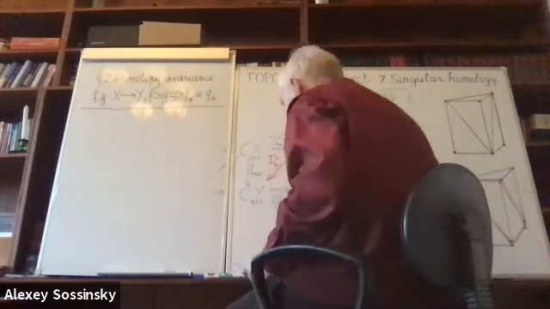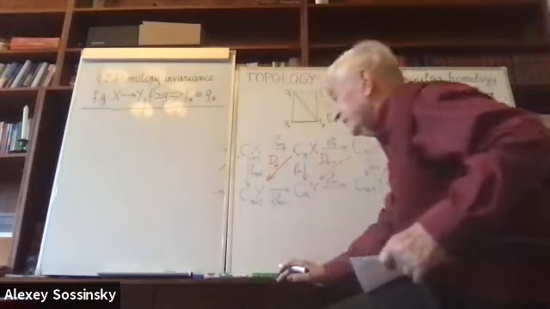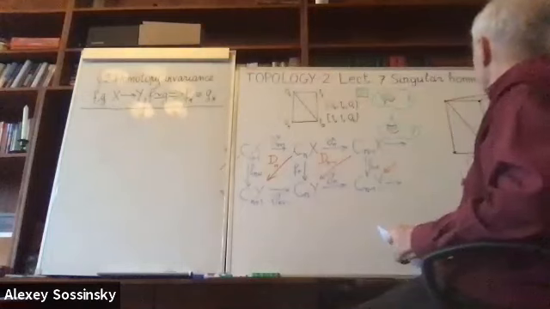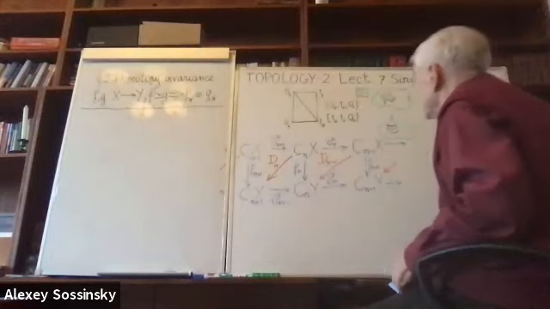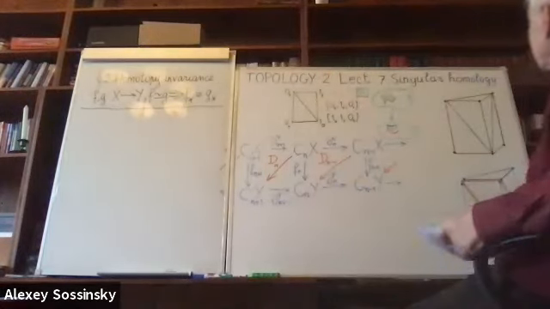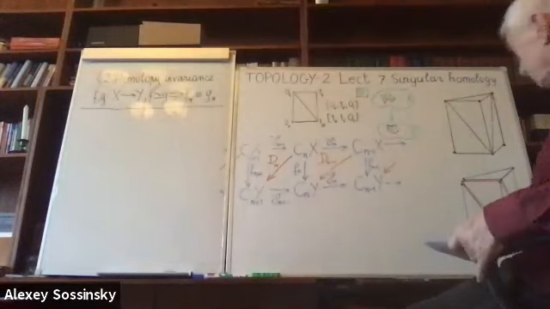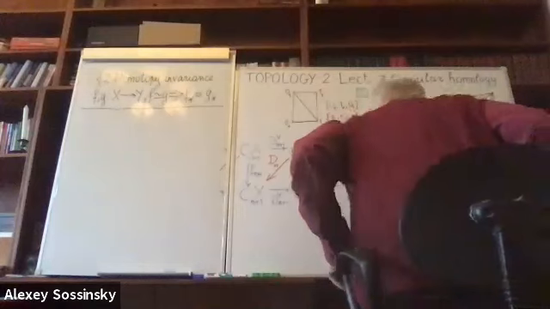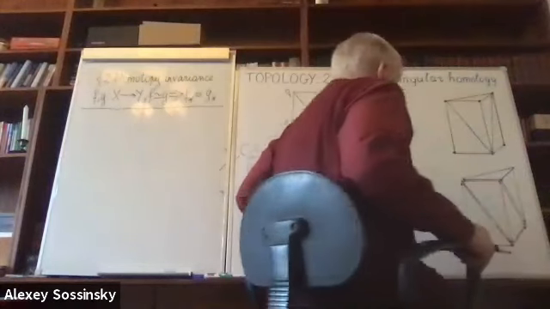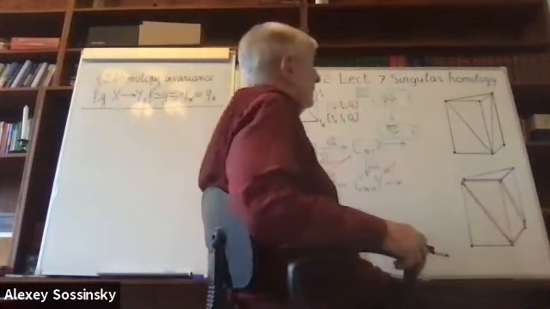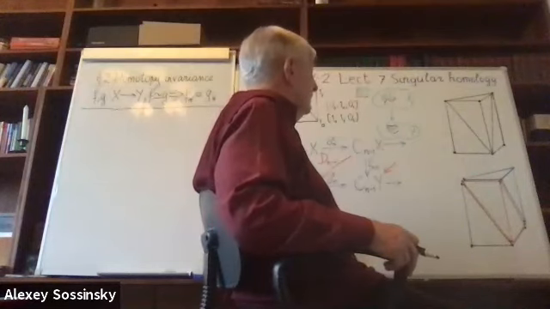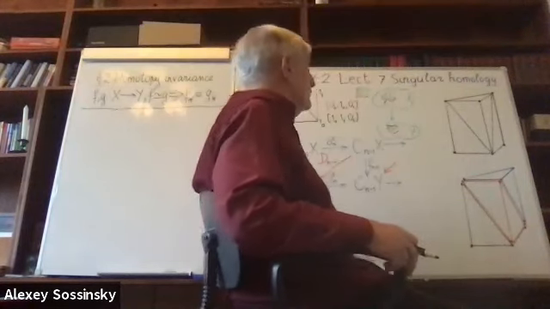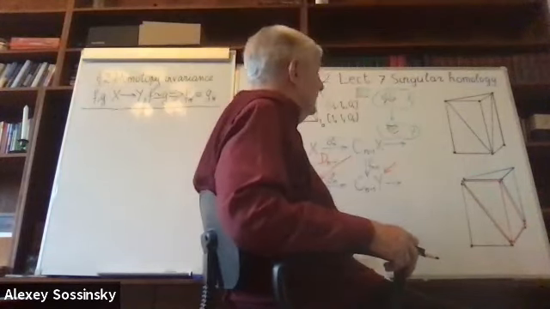Now let's consider the case in dimension 3. I will not do the general case in dimension n. Once you've understood the situation for dimension 3, it will be easy to generalize to any n.